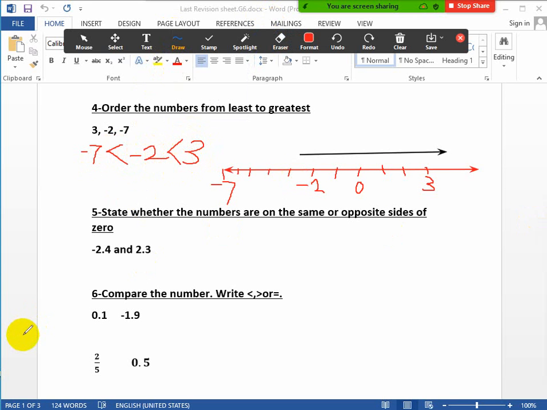Now state whether the numbers are on the same or opposite sides of 0. Yes, Selma, open the mic.